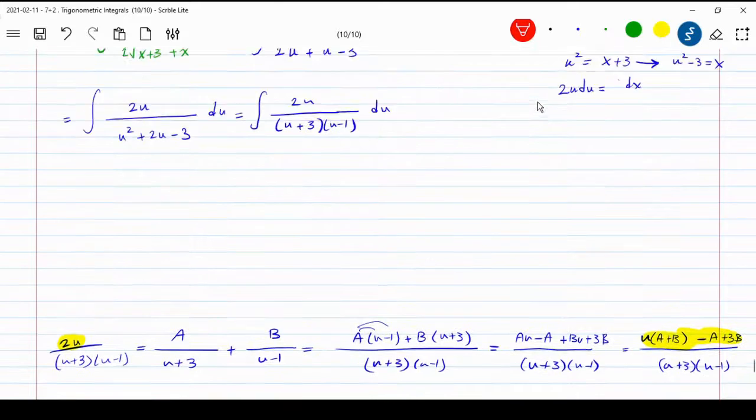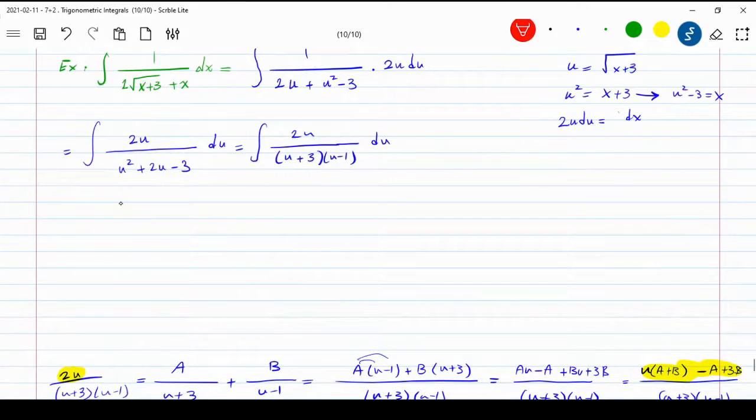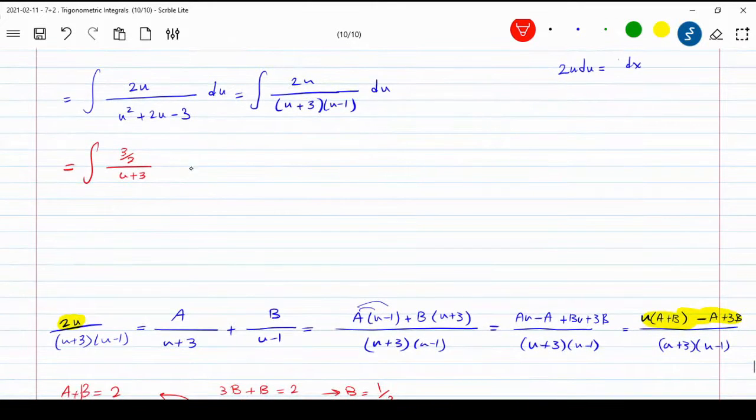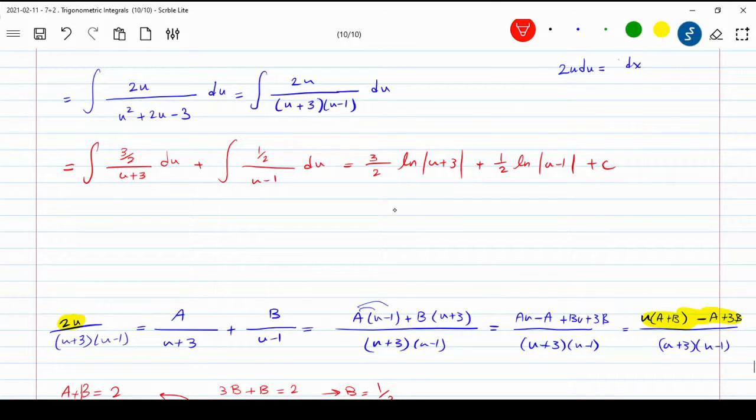So I can say this integral could be simplified into a sum of 2 fractions. One is where the denominator is u plus 3, with 3/2 for a. Plus the other, with denominator u minus 1 and coefficient 1/2. And each integral can be calculated simply by doing 3/2 ln of u plus 3 plus 1/2 ln of u minus 1 plus some constant.